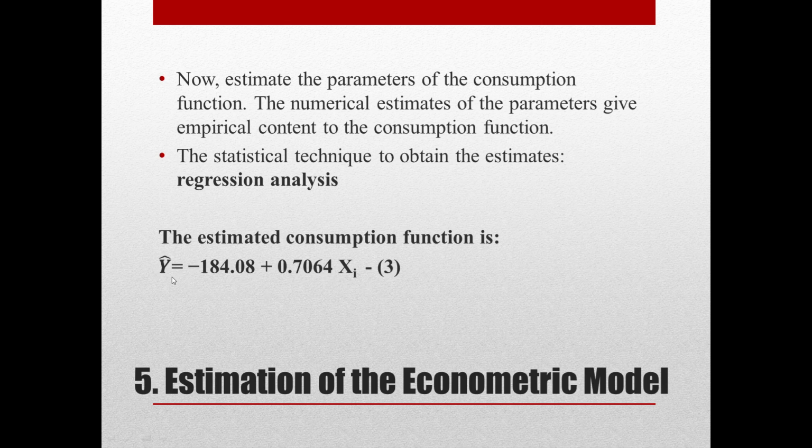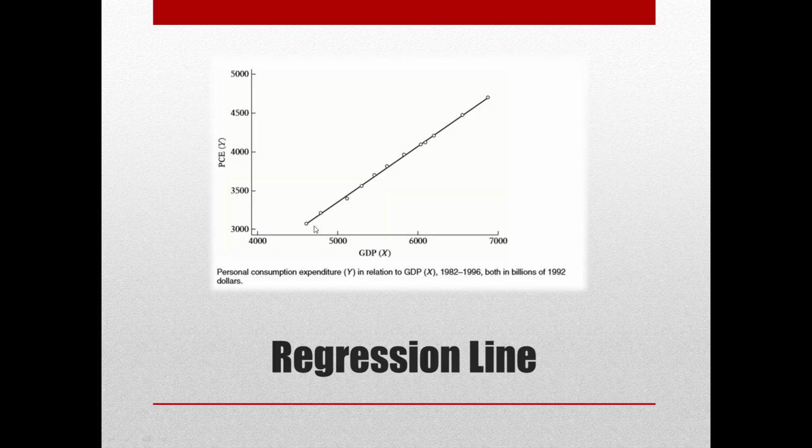The hat on the Y indicates that it is an estimate. The estimated consumption function, that is the regression line, is shown here in this figure. As the figure shows, the regression line fits the data quite well in that the data points are very close to the regression line.